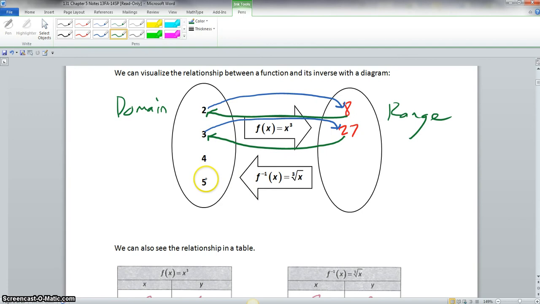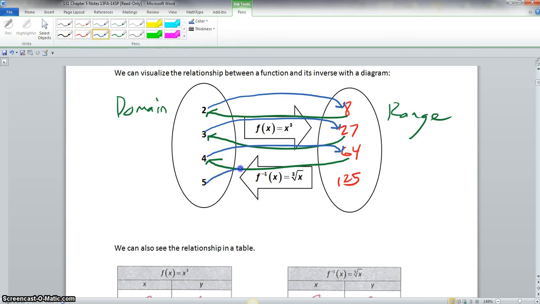Now we go here to 4. 4 to the third power, we know is 64. And we know we use our function, so we'll go here from 4 to 64. But now we use our inverse function, and that would take us back to 4. Now we go to 5. 5 to the third power, we know is 125.